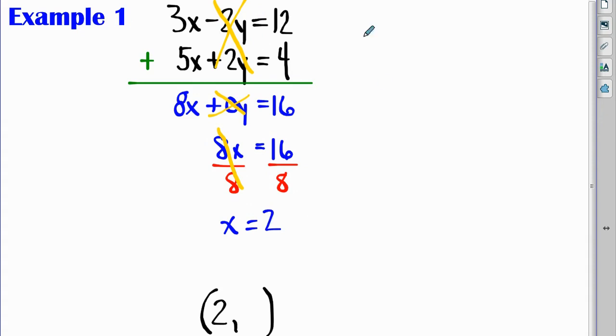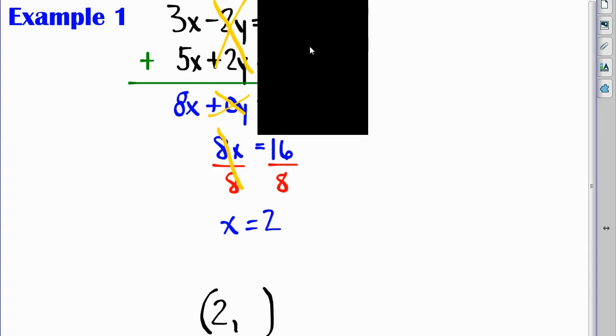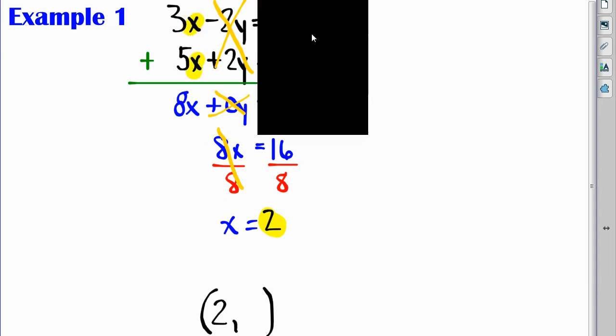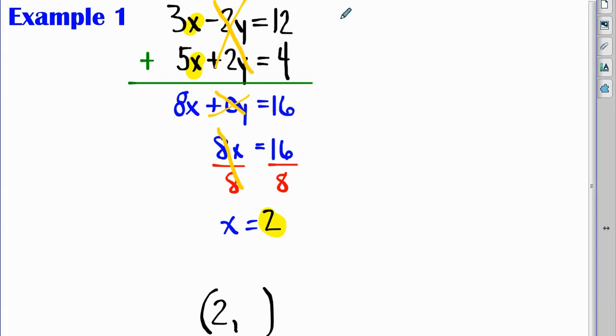So 2 here could go, let me get the highlighter. 2 is the same thing as x. So I can put it in for this x or in for this x. Either way would work. Just to choose one, I will go with this top one. So then that would look like this: 3, and now I'm plugging in the 2 in place of that x, minus 2y equals 12.